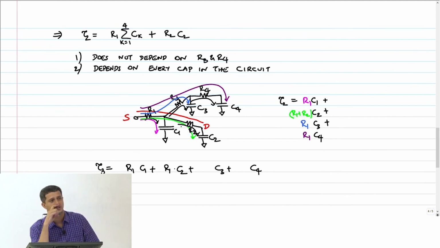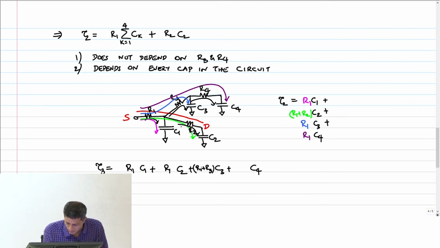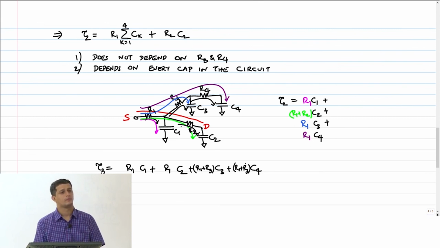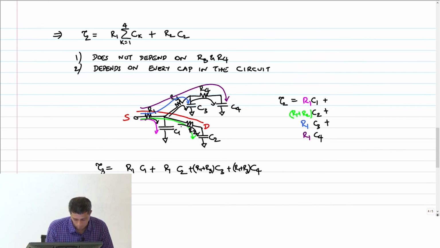What is it for C3? R1 plus R3. What is it for C4? R1 plus R3. Okay? Now, what is tau 4? Again, C1 plus C2 plus C3 plus C4.